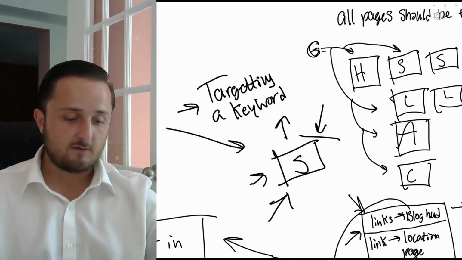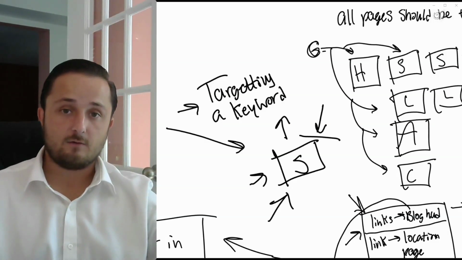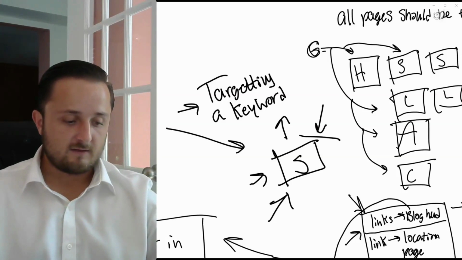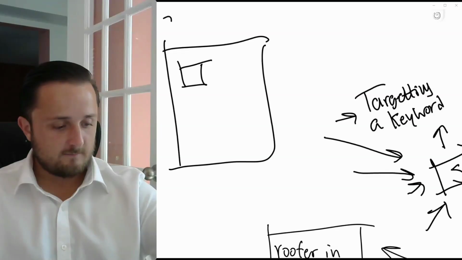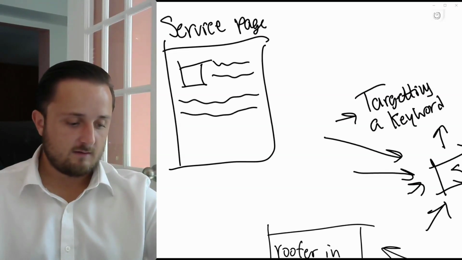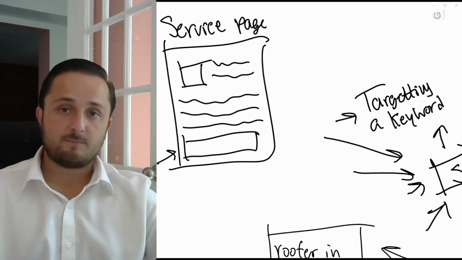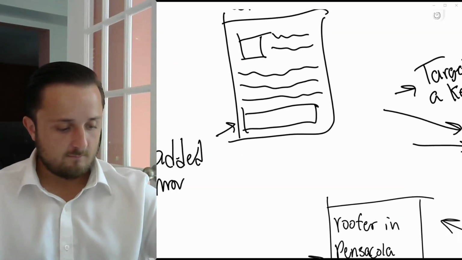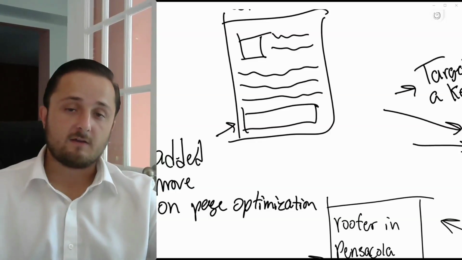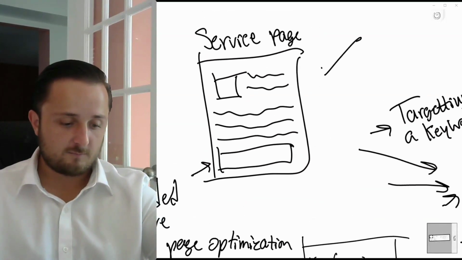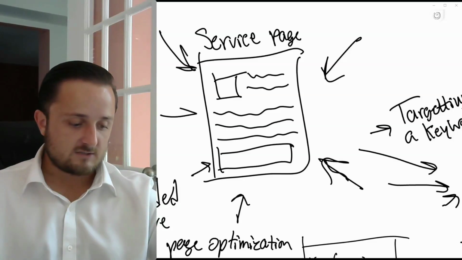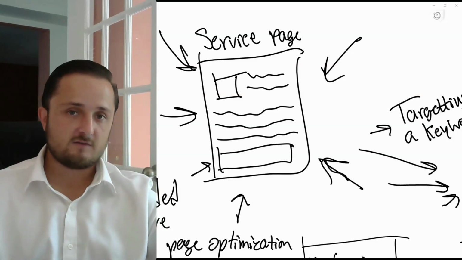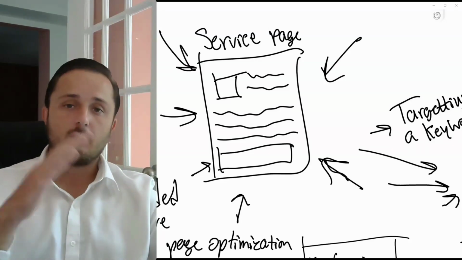Another thing that can happen, because we don't have enough internal linking, is let's say this new service page that we created has a whole bunch of content on it, right? And then let's say right down here at the bottom, we updated the page. We added more on-page optimization. Because we didn't properly internally link to this page from all of our other pages, whether in our sitemap, or an HTML sitemap, or from our other service pages, our blog pages, our location pages, whatever reason, right?